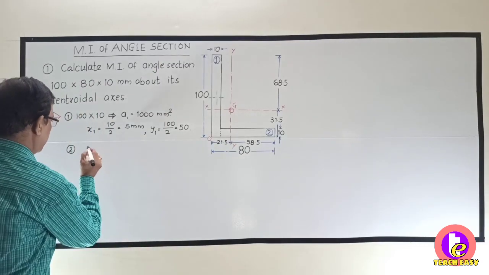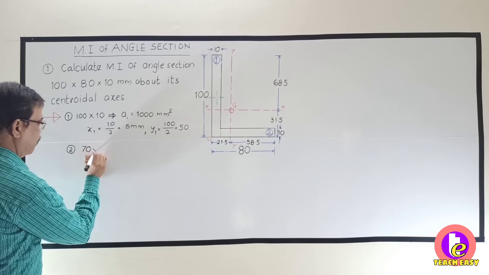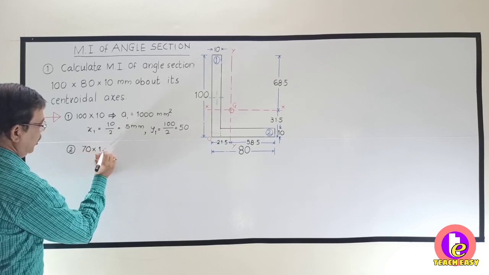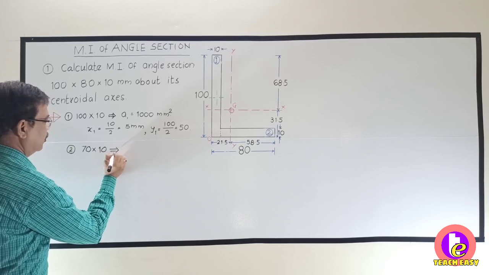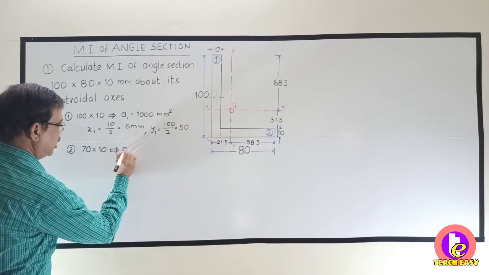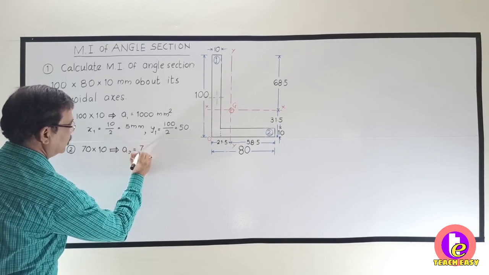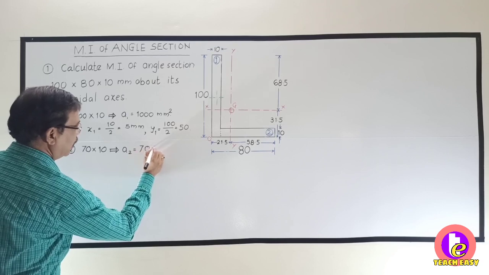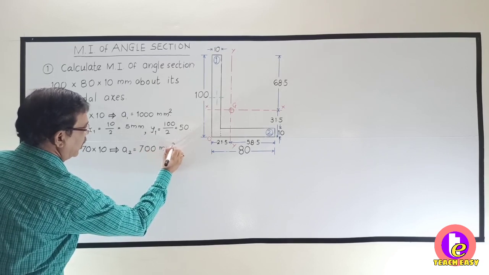So the second part is 70 mm by 10 mm. Hence its area A2 will be 70 into 10, that is 700 mm square.